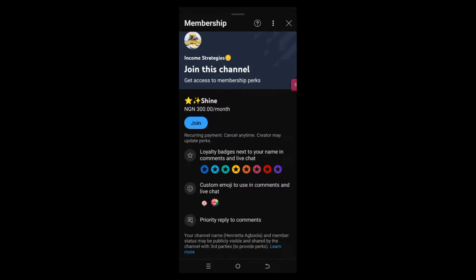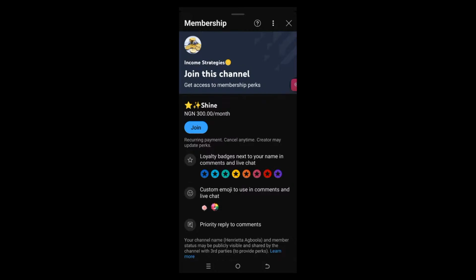If you don't want to do it manually, you can get the bots to do it for you. You're going to see that on the membership community tab. When you get into the membership, you get this compilation of trading bots.